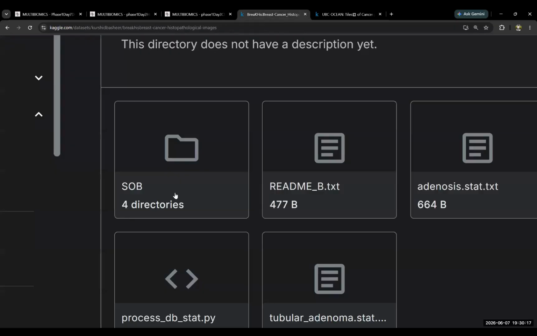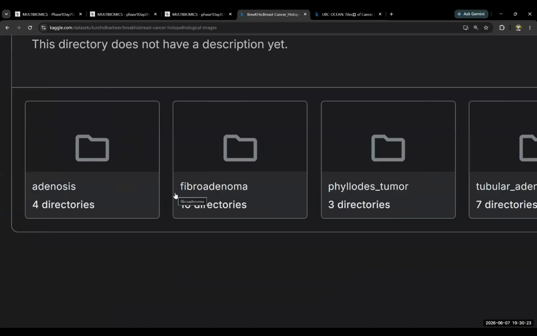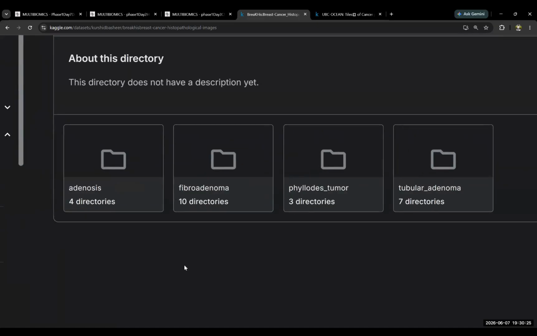So SOB is just the name of the type of biopsy. Now you have got the major labels. The first one was benign and malignant, and under benign you have adenosis, short form A, then fibroadenoma, short form FA.